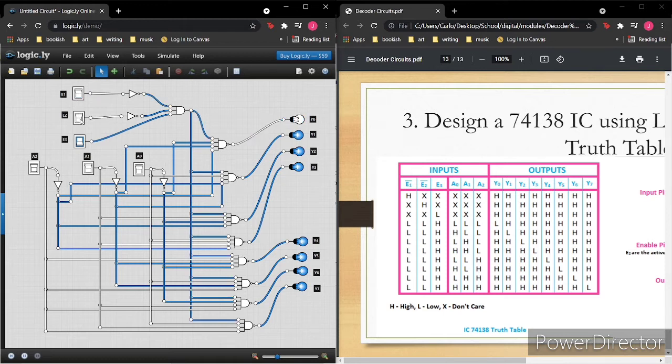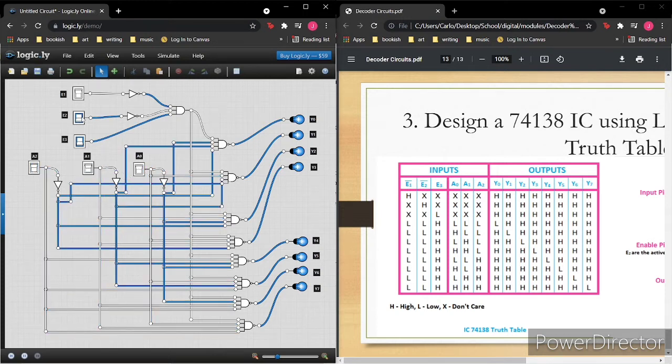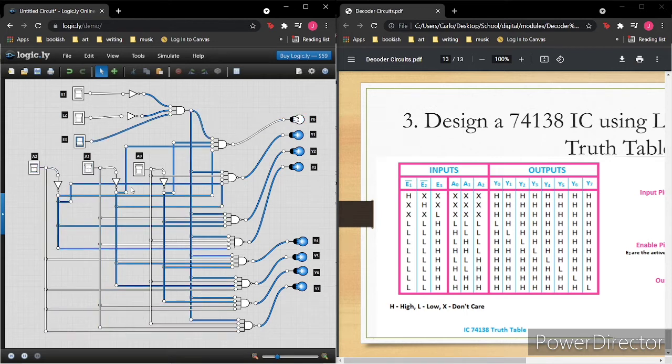The same with E2, all outputs should be high, and also if E3 is low, all outputs should be high. Let's try the bottom part where Y0 is low and the inputs are low, low, high, and low, low, low.